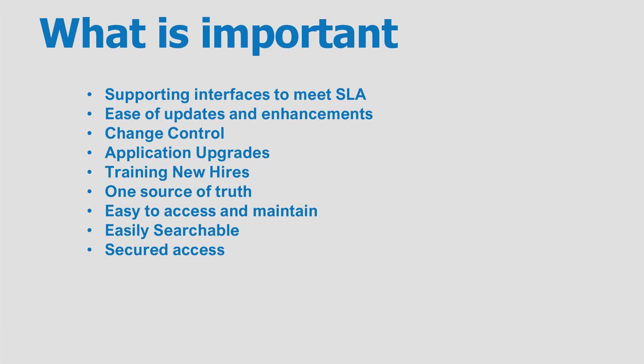This has a lot to do with the application upgrades, right? When an application is upgraded, certain components change. So let's say you had an interface that was bringing in invoices, for example, or you were doing some sort of invoice approval, and you had some changes to the AP20 screen.